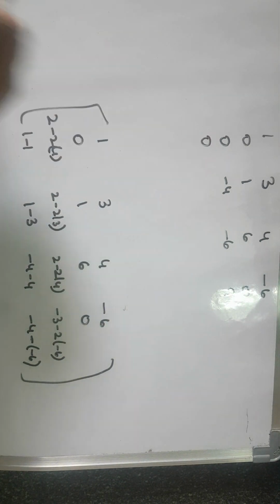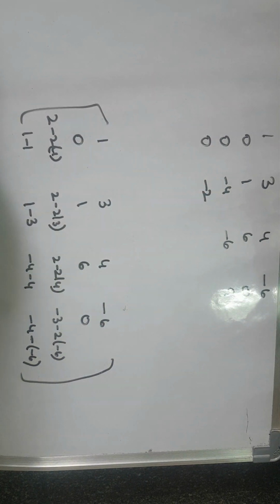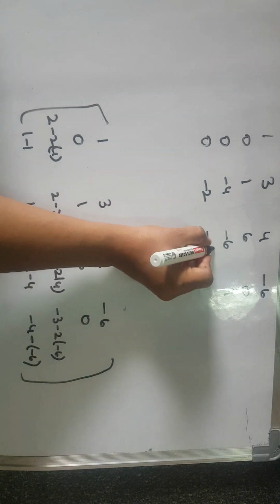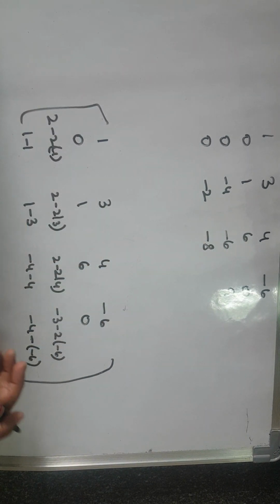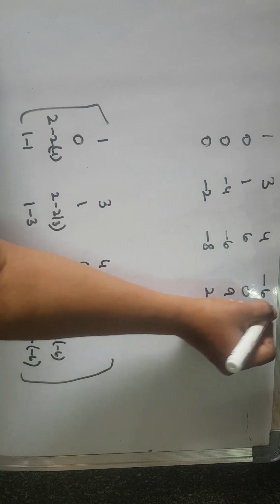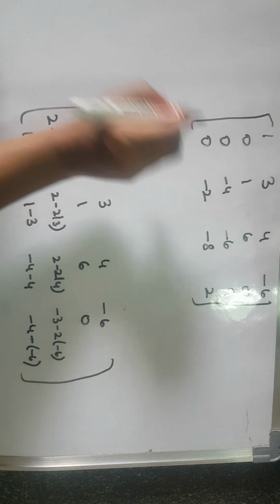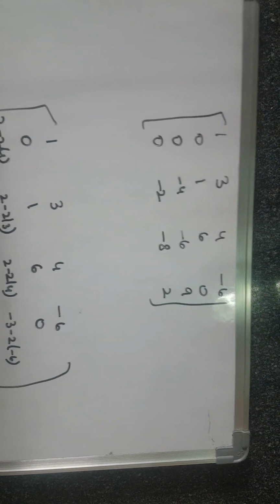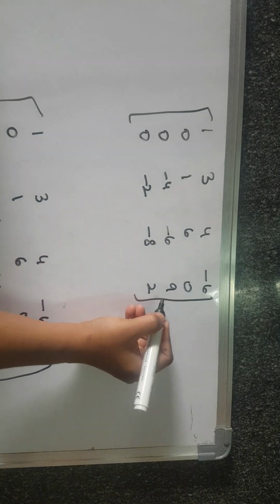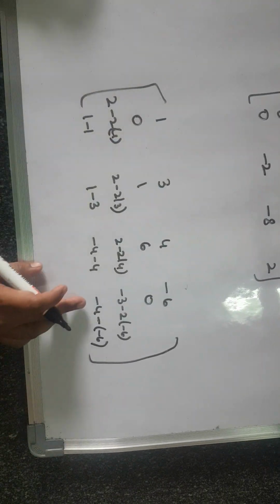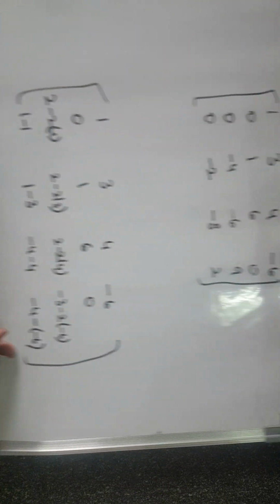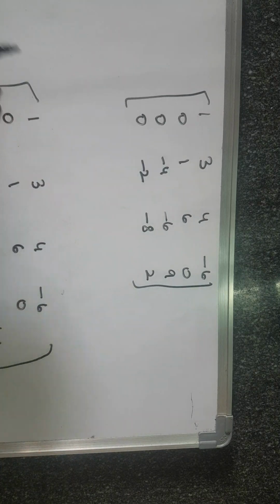And 1 minus 1 is 0, 1 minus 3 is minus 2, minus 4 minus 8 here, minus 4 plus 6 is 2. Okay, these are the vectors that we got here.